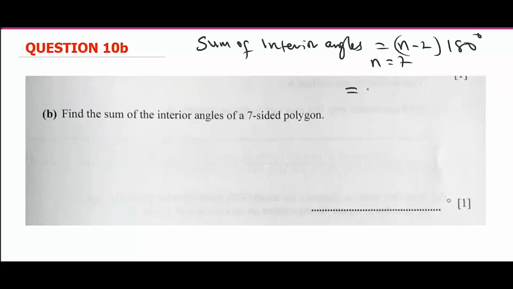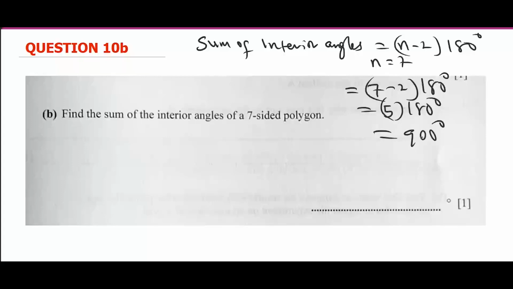So if you substitute, you have 7 minus 2 into 180 degrees. That will be 5 into 180 degrees. You can easily take your calculator and multiply this, and you are going to get 900 degrees. So the sum of the interior angles of a seven-sided polygon will be 900 degrees.